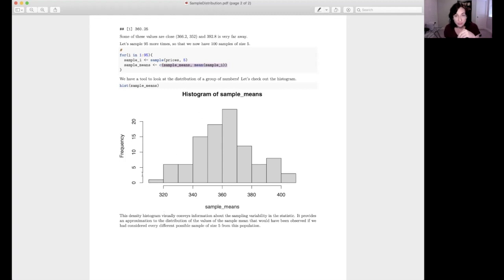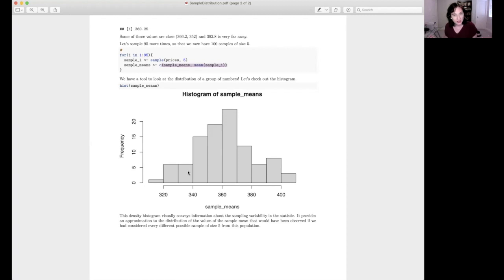This distribution is an approximation to the distribution of the values of the sample mean that would have been observed if we had considered every possible sample, right? If we had considered every single possible combination of 5, that would be the full possible distribution of our sample means, right?